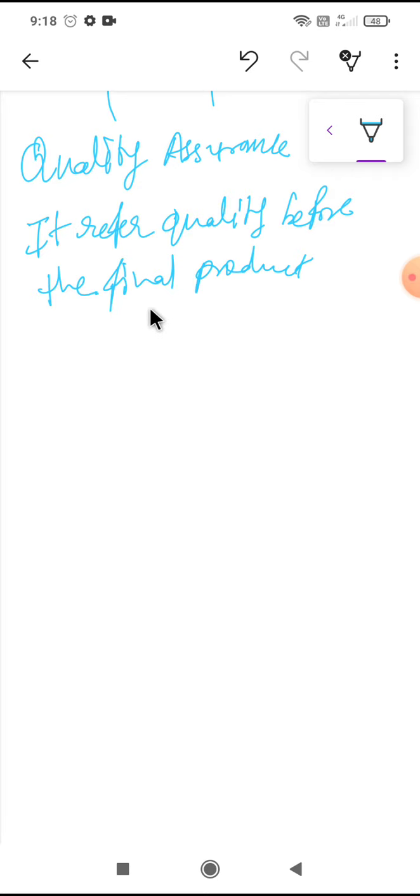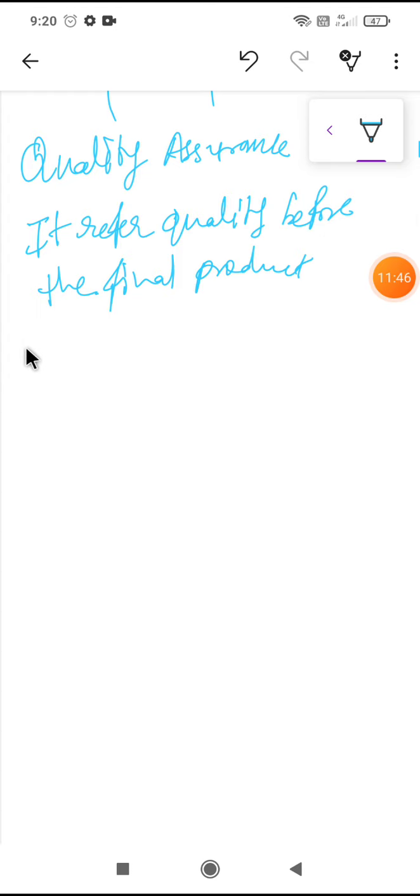The term control, however, is used to describe the fifth phase of define, measure, analyze, improve, and control. DMAIC is a data-driven quality strategy used to improve processes.